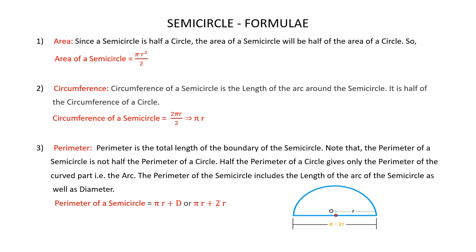We know that d is equal to 2r. So we can write pi r plus d as pi r plus 2r. So perimeter of a semicircle is equal to pi r plus d or pi r plus 2r. Remember that the value of pi is 22 by 7. Remember these three formulae to solve problems on semicircles.